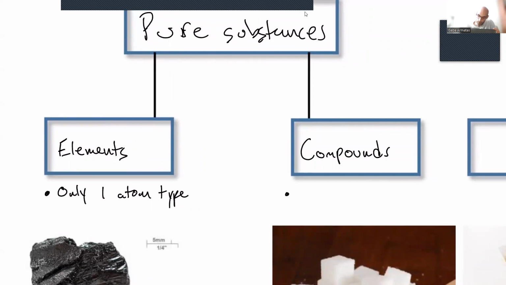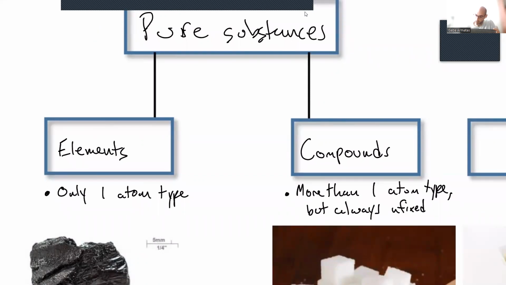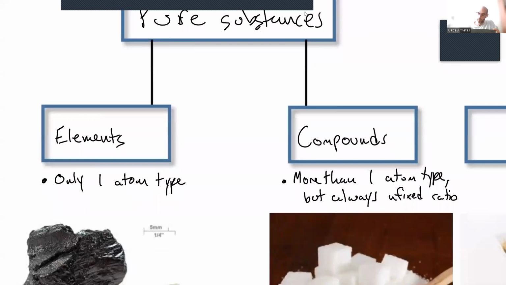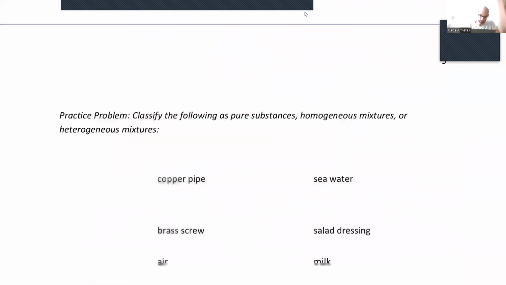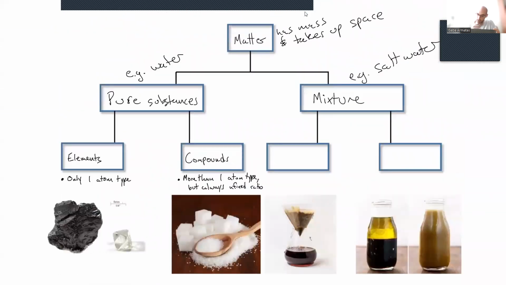Compounds are going to be more than one atom type or element, but always a fixed ratio. I will discuss that in just a moment.